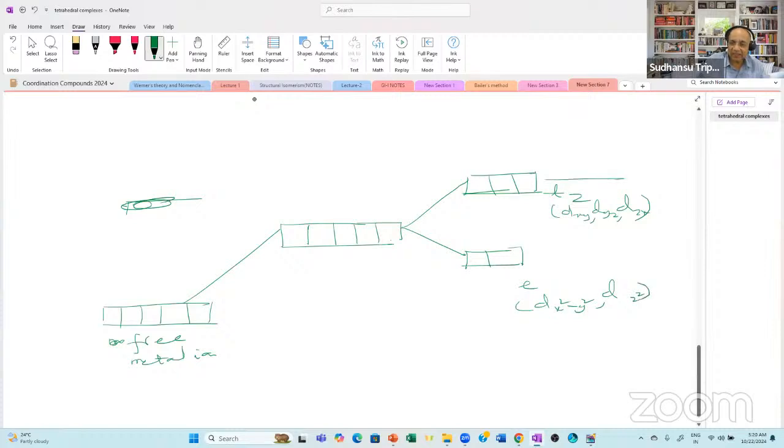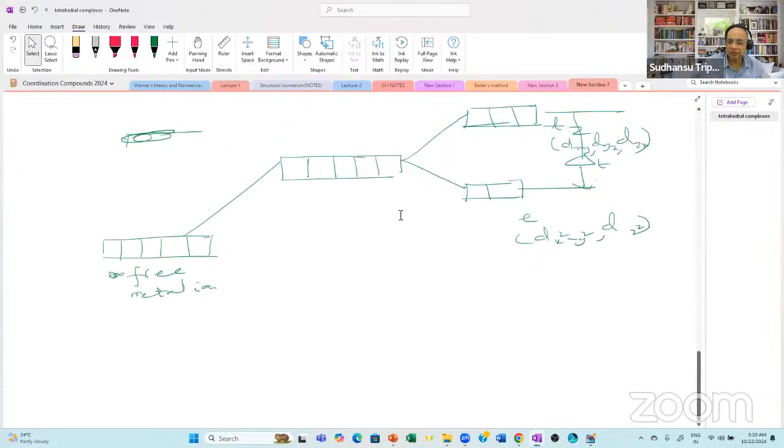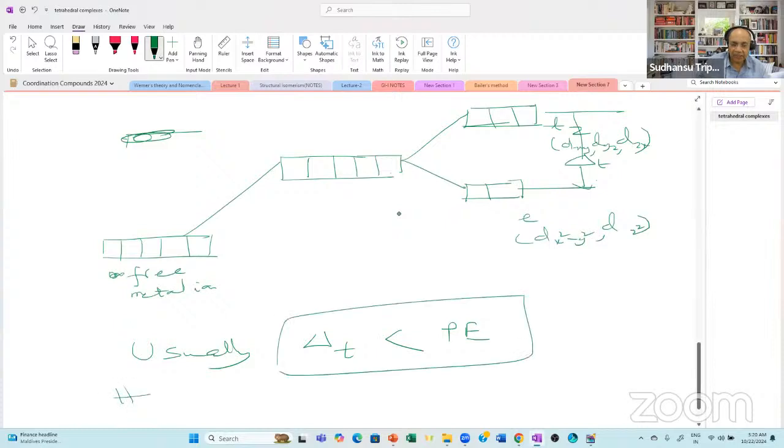And this gap will be called del T, which is very small. Almost universally, del T is less than pairing energy. Hence, Td complexes are high spin complexes under coordination number 4.